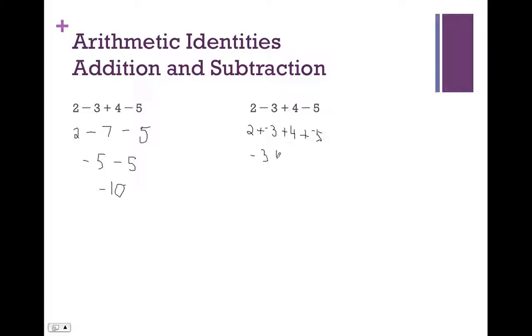And then we've got plus negative 3 plus 4, and negative 3 plus negative 3 gives us negative 6. Negative 6 plus 4 gives us negative 2, which is the correct answer.